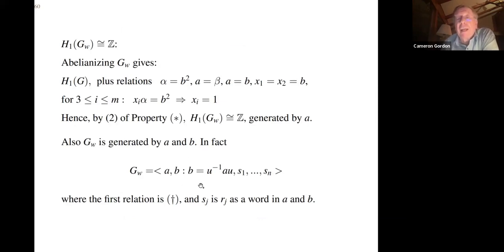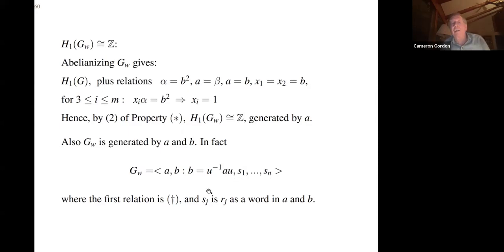The only relation that's left, apart from the original ones involving the x's, is just the one that said W inverse AW is equal to beta inverse B beta. And so you're just left with one relation that says A is a conjugate of B. And then you've got all these relators here.